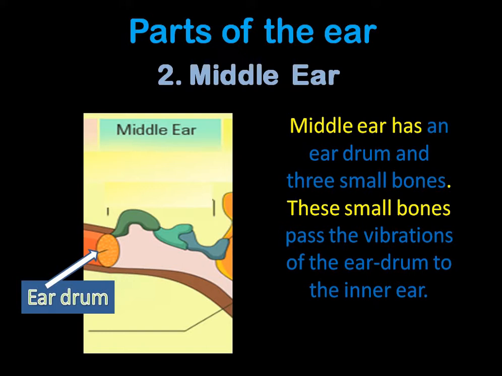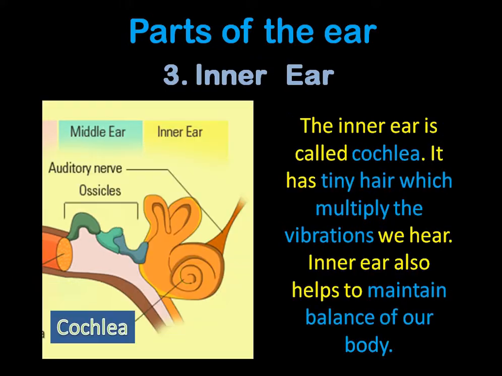These vibrations are now being sent to the inner ear. Now let's go to inner ear. This section here, this is the inner ear. Now the inner ear is also called cochlea.